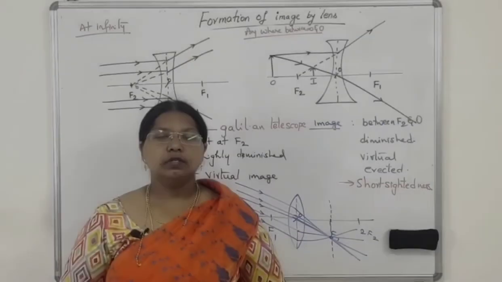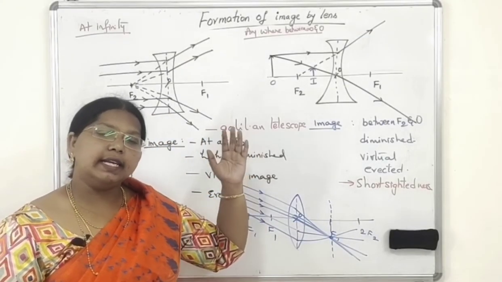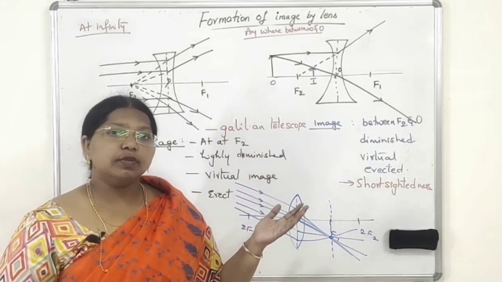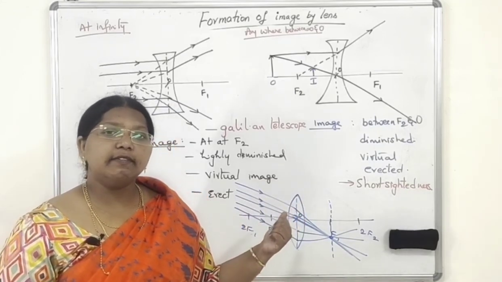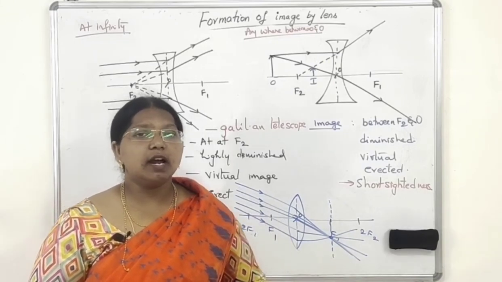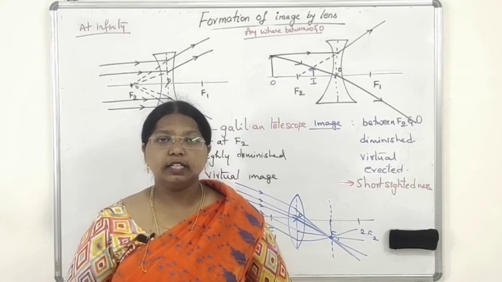So this is what about the formation of images by lenses, convex and concave lens. So in convex lens we can form real image and virtual image. In concave lens we can form only the virtual image. All the real images are inverted. All the virtual images are erected. Clear, students?